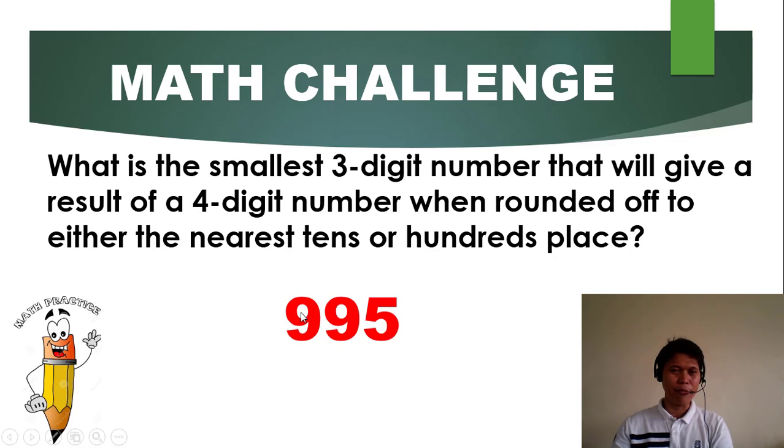And this is 9, it becomes 10. So it becomes 1000 if and only if 9 is followed by 5. If it is 4, it will round to 990 only. But if it is 5, 6, 7, 8, or 9, it will round off to 1000. But we are looking for the smallest three-digit number, so the answer is 995.